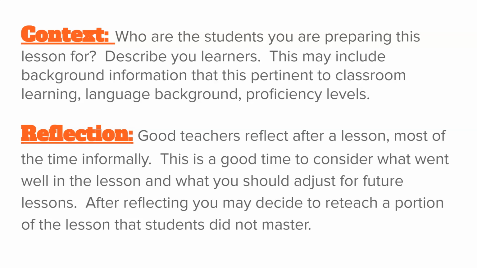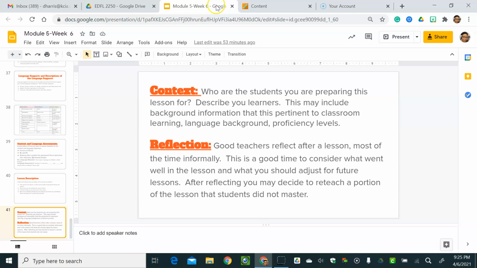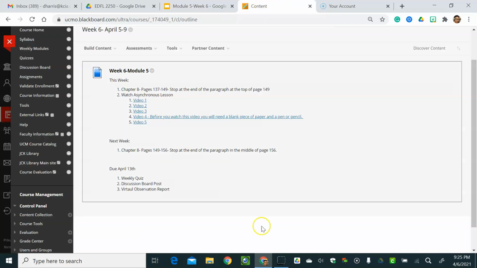Okay, so we are finished with our presentation for this week. I'm going to go back to the Blackboard page. Again, these are the videos that you are going to watch. If you have gotten to this point and you haven't watched them, please go back and watch them.